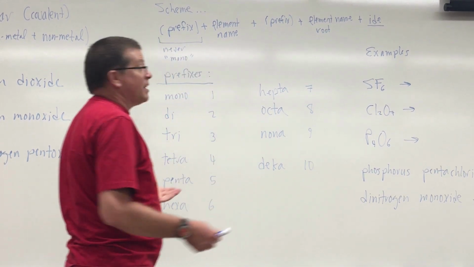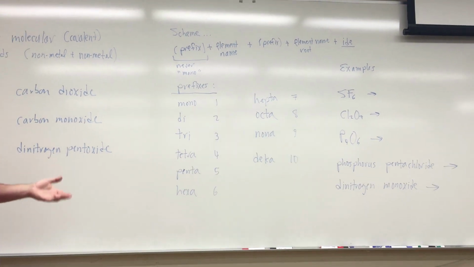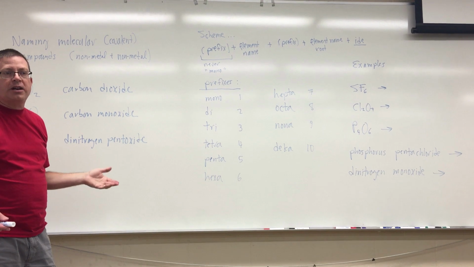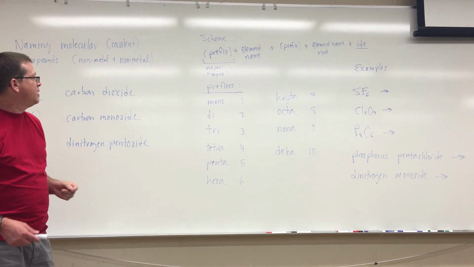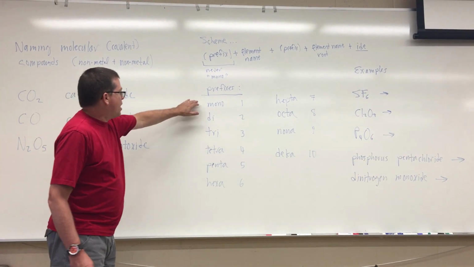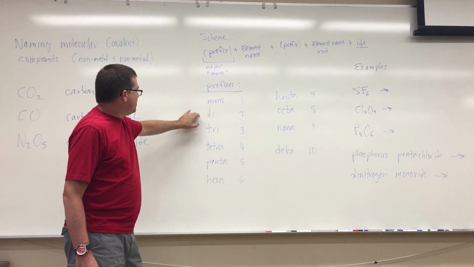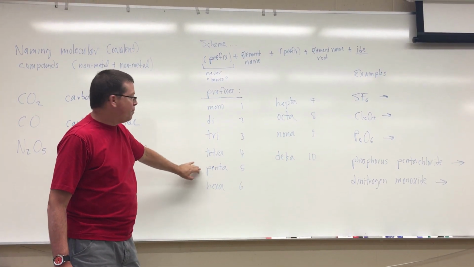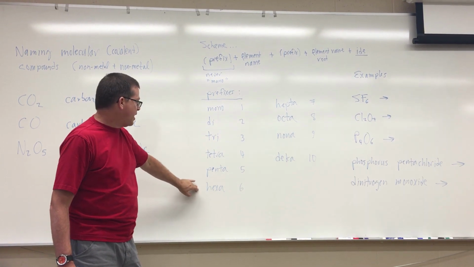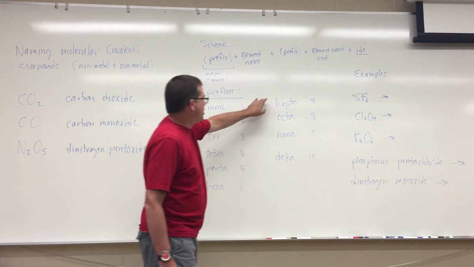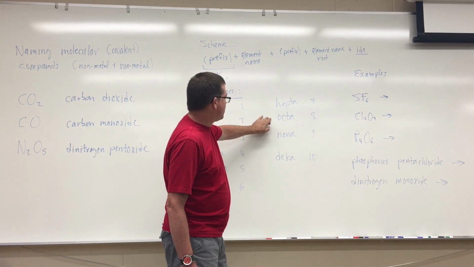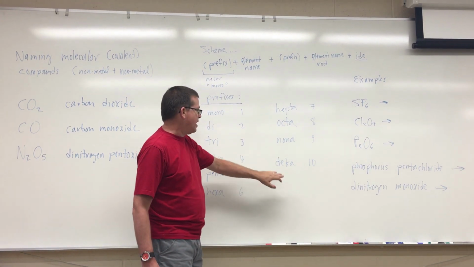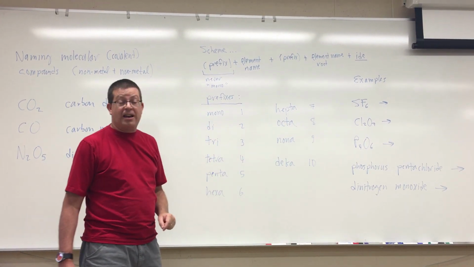The prefixes are going to tell us respectively how many of each particular atom we need in the formula. So here are the prefixes. Mono meaning a single one, di meaning 2, tri meaning 3, tetra meaning 4, penta meaning 5, hexa meaning 6, hepta meaning 7, octa is 8, nona is 9, and deca is 10.